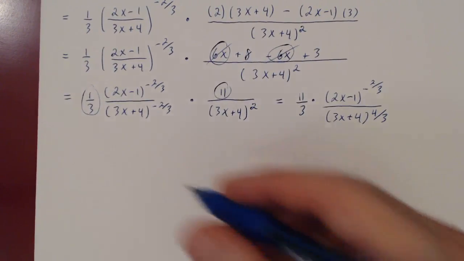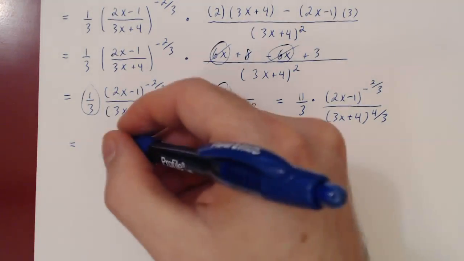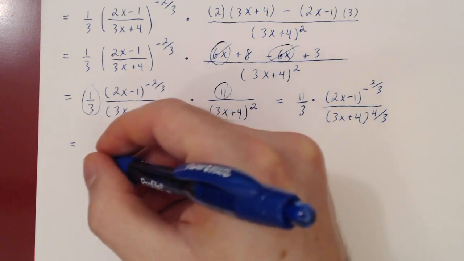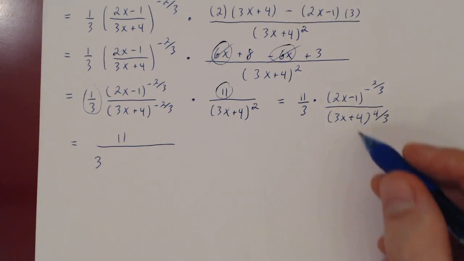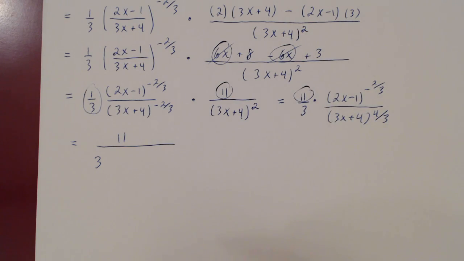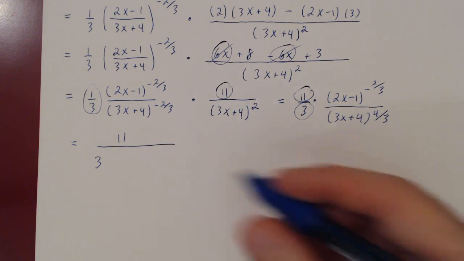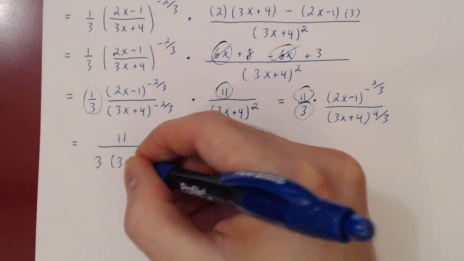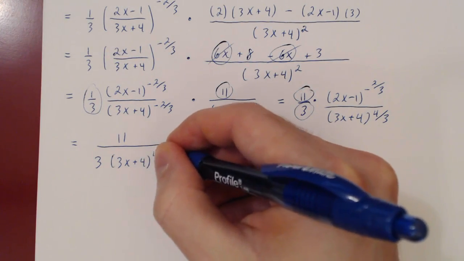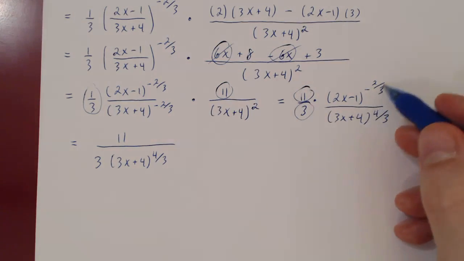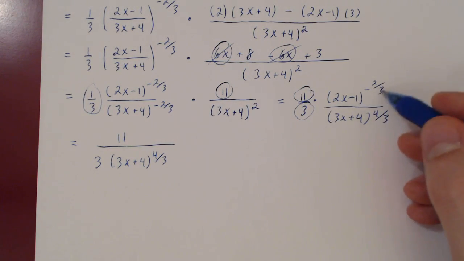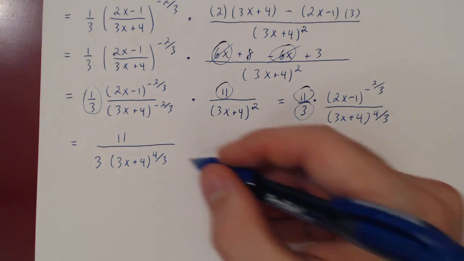And what we would then get is a single 11 on top over 3 times 3x plus 4 to the 4/3. The 11 stays on top. And if we send this term down, the negative 2/3 becomes a positive 2/3.